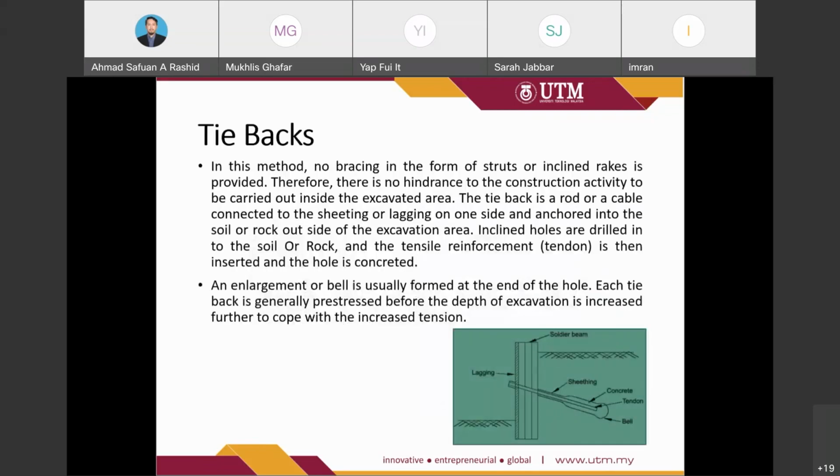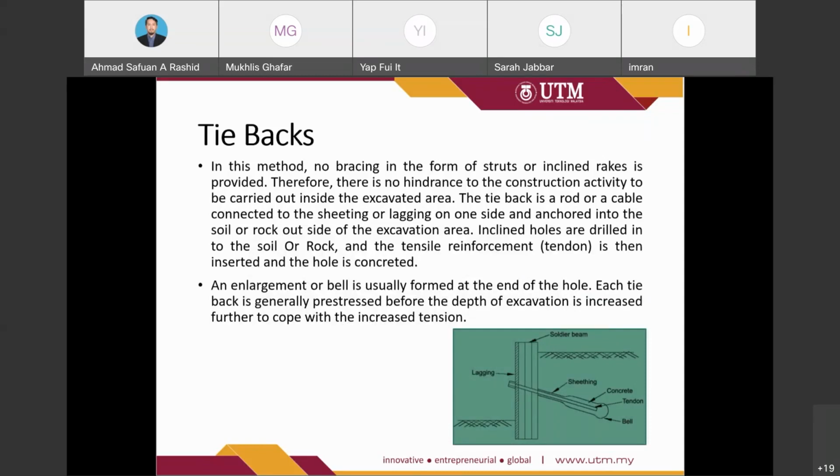So the last one is the tieback. In this method, no bracing in the form of strut or inclined rakers is provided. Therefore, there is no hindrance to the construction activity to be carried out inside the excavation area.